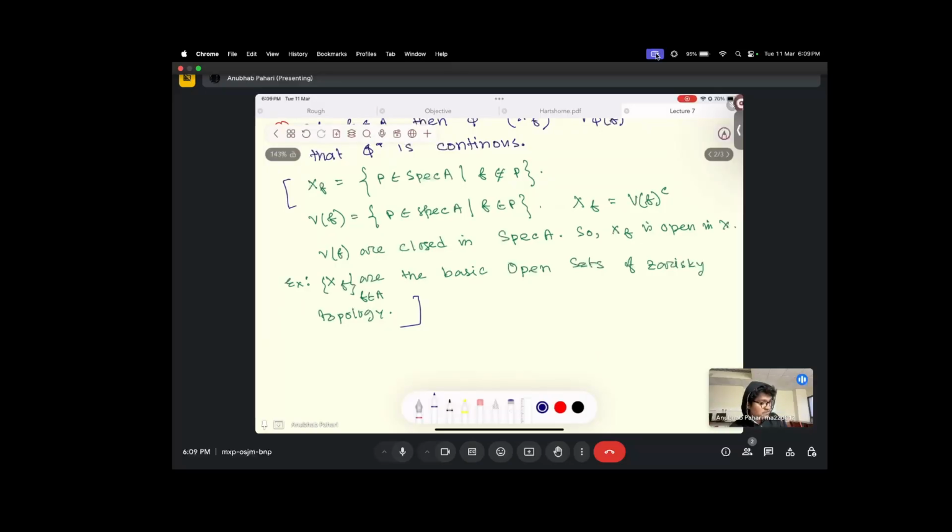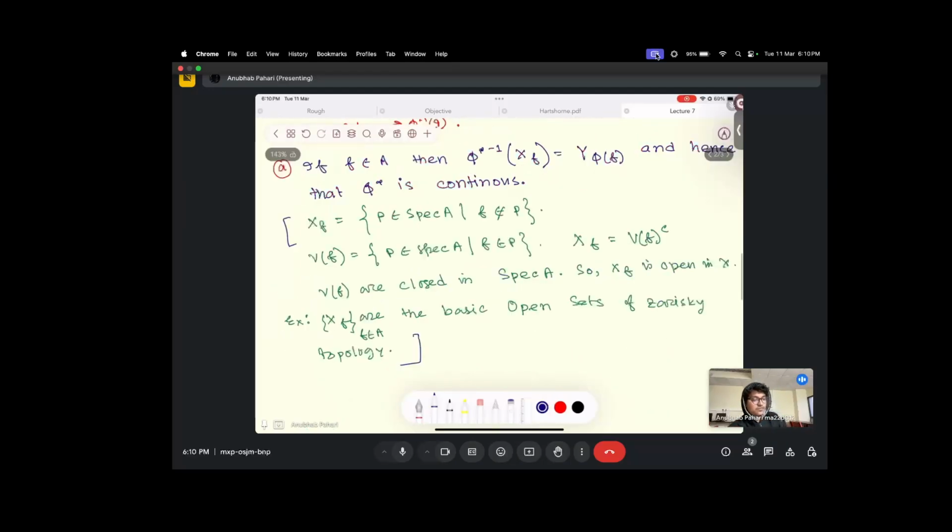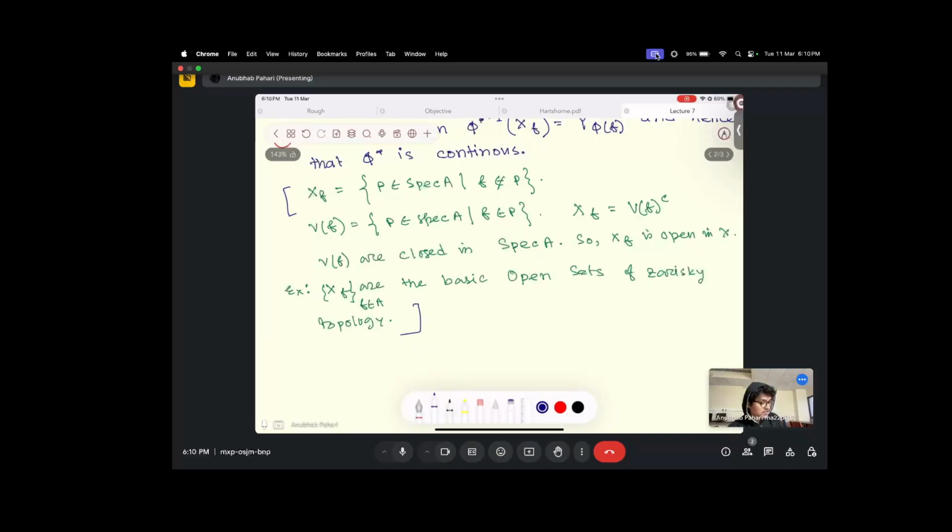What I'm saying is that the inverse image of basic open sets are open. So the inverse image of every open set is open, right? Because any open set is a union of basic open sets. So when you take the inverse image of an arbitrary open set, it should be a union of inverse images of basic open sets, so a union of open sets, which is open. So yeah, we should do the proof of this one. The proof is quite small and trivial.